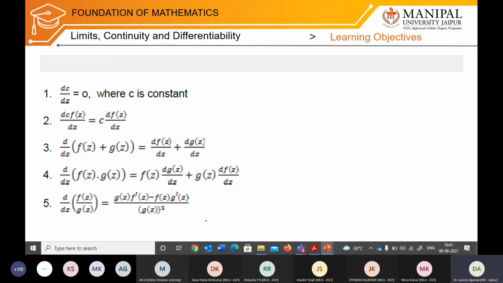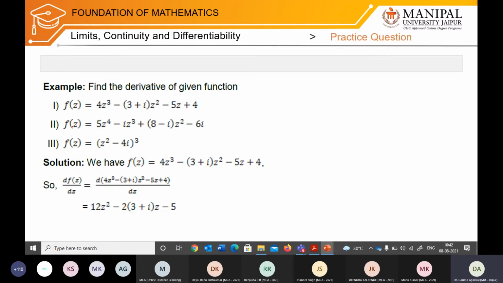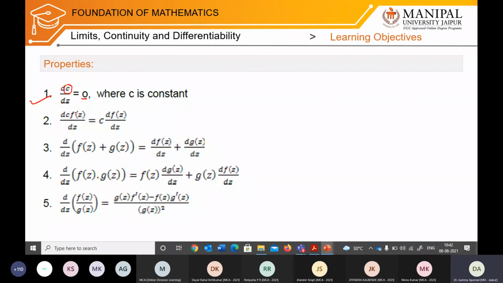Then continuity of the function. Here we have a few properties for derivatives. The differentiation of a constant term is 0. If we multiply the complex function with any constant c, then we can rewrite it in this form: c times the differentiation of the complex function.